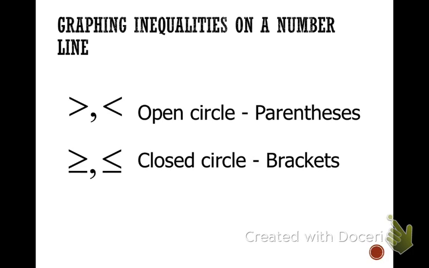It's going to go all the way up until that number, but it's never going to get there. Whereas with a closed circle, or greater than or equal to or less than or equal to, it's going to have brackets. That means that number is included, so we're going to start actually at that number, and then go up from there or down from there.